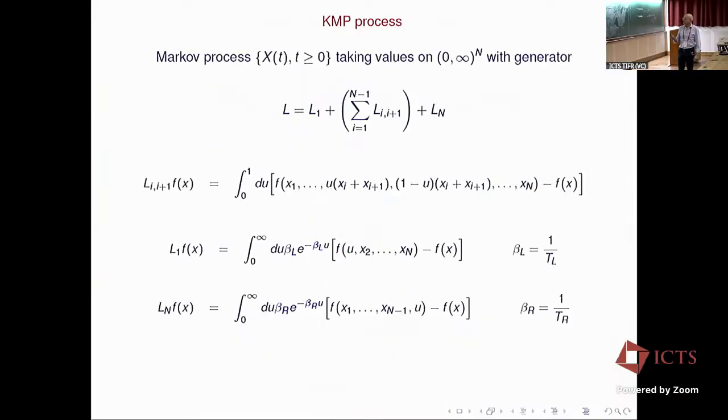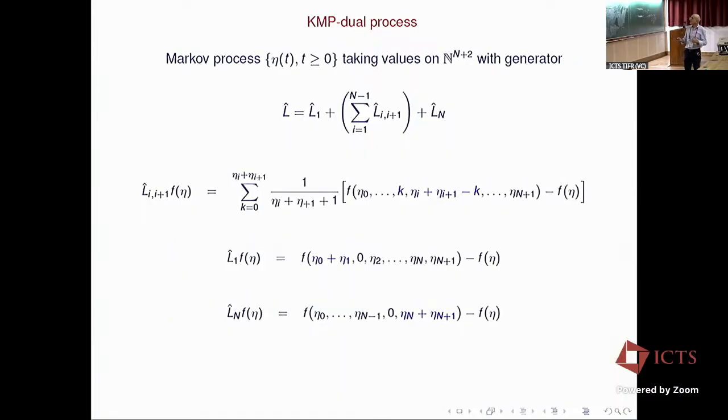Okay, this is a bit more formal, what I said in words. The generator of the process has this structure, the bulk part and the boundary part. At the boundary, you thermalize with some temperature T left and T right, and in the bulk, for each couple, you redistribute. That's the original process.